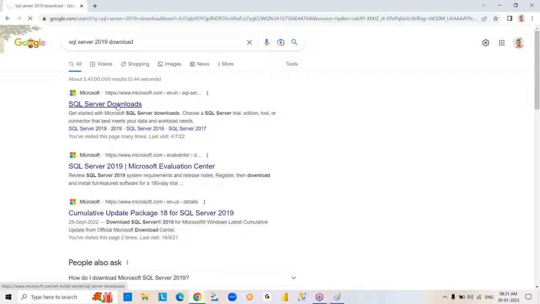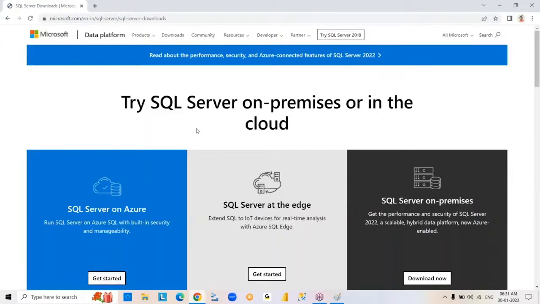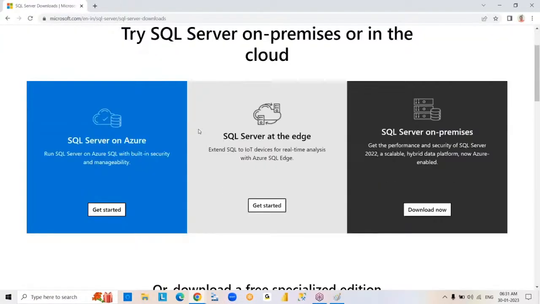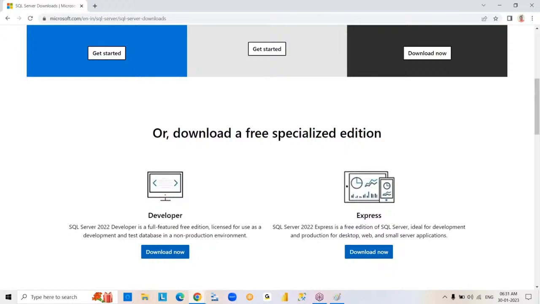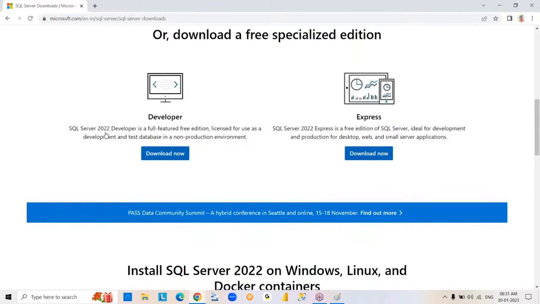Go to downloads website. But we are redirected to 2022. If you click on this download button, download under developer, but not Express. See that here it is showing developer edition, Express edition. Even this developer edition is also trial version for us, practice purpose only. Okay.